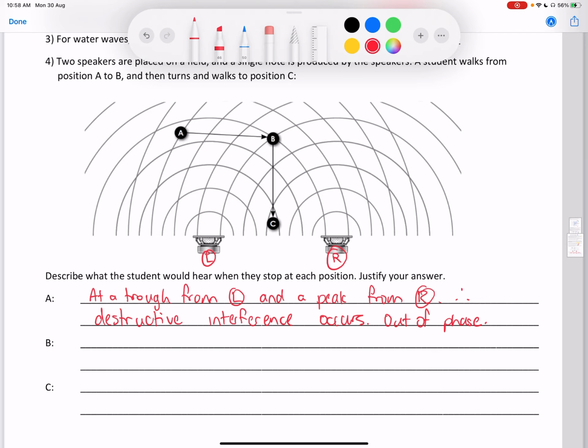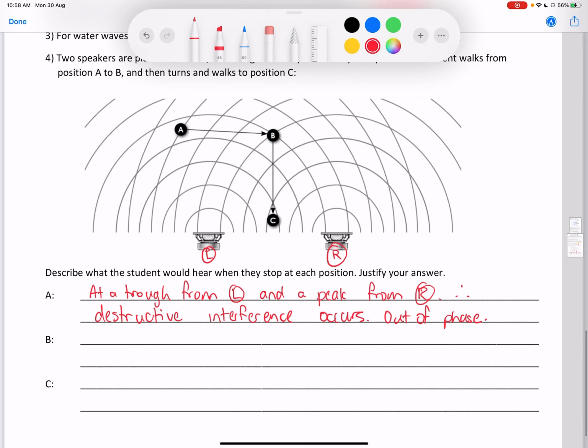Let's look at B here. From left, we are at a peak from L, and a trough from right.